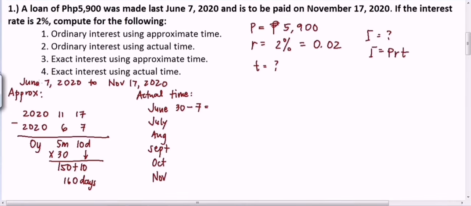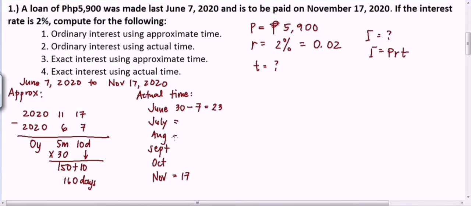Kasi guys, from June 1 to June 7, wala pa siyang utang. Magra-run lang yung utang niya ng June 8 as 1 day. Diba? So, i-minus natin yung 7 sa total number of days ng June. Okay? And then yung November, so syempre magbabayad siya ng November 17. So, hanggang 17 days lang yung November. Okay? So, 30 minus 7, that is 23.